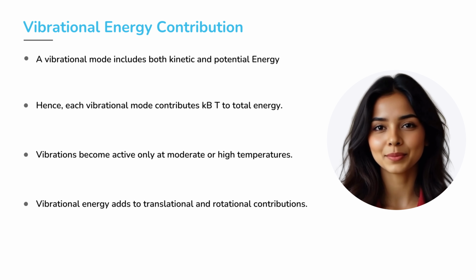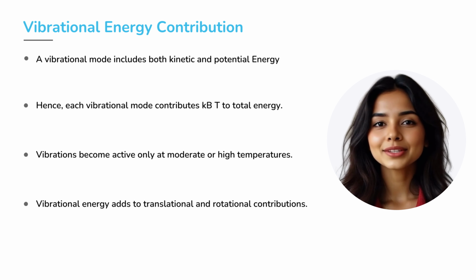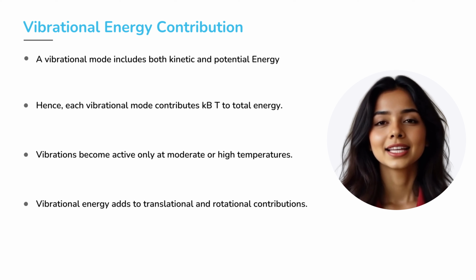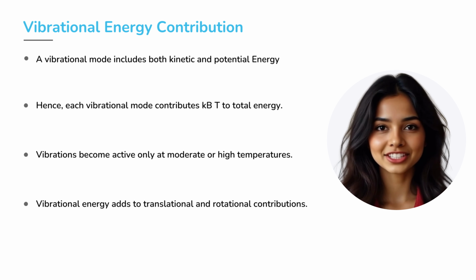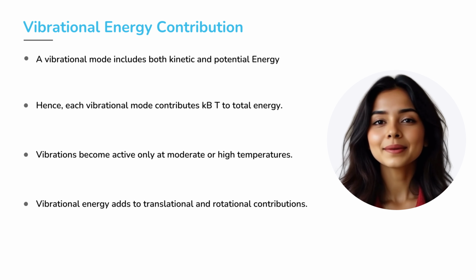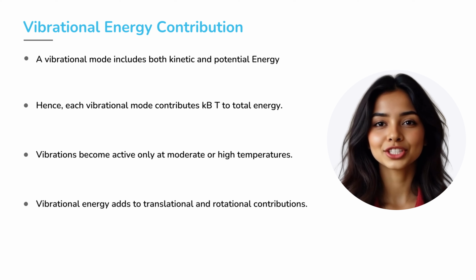That's why each vibrational mode contributes two halves, 1/2 kT for kinetic and 1/2 kT for potential, making a total of kT. However, vibrations show up only at higher temperatures because it takes extra energy to make atoms stretch and compress. So at room temperature, most simple gases like nitrogen or oxygen act as rigid rotators, their vibrational motion is negligible.